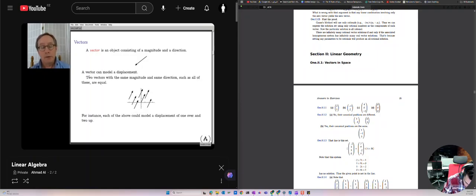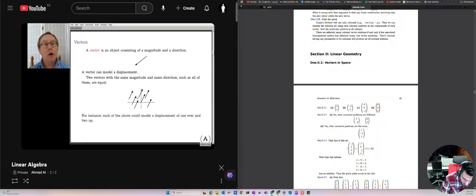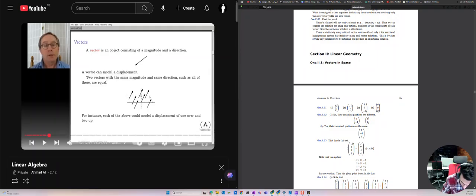Vectors, that is to say, for example, displacements, with the same magnitude in the same direction are equal. So I have a bunch of vectors drawn there on the plane, and they all have the same magnitude, they all have the same direction. They are the same vector. I know that they look like they're different vectors because they're drawn in different places, but they're all the same displacement.